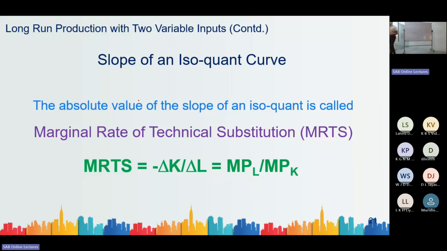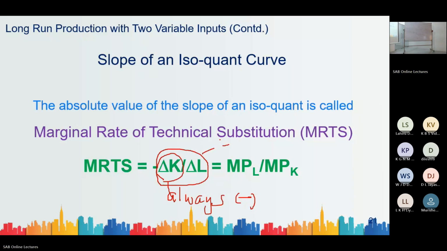Minus delta K is always negative. Delta K is always negative, so delta K over delta L will always be negative.